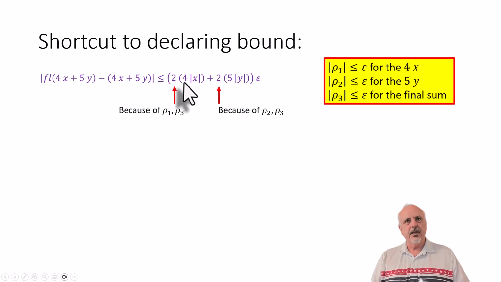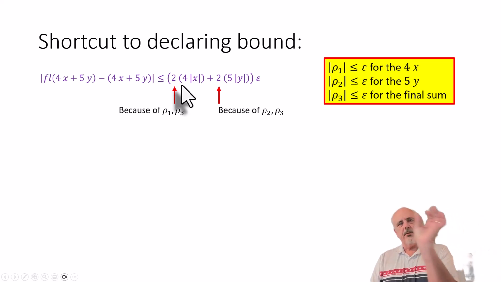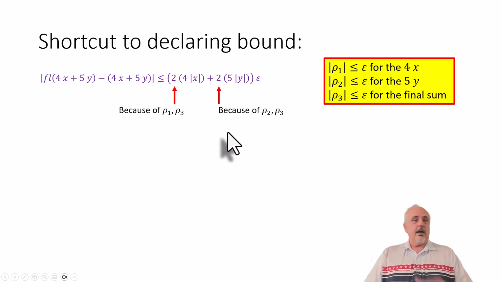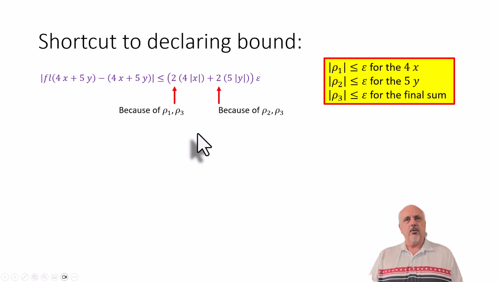This 2 that multiplied the 4x to give us the 8x of the previous slide, that 2 is because of the 4 times x, that very first operation, the row 1, and then the row 3 when you had to sum it with the other term. So I know just from doing this a bunch that that was going to be the bound. I knew that from the get-go.